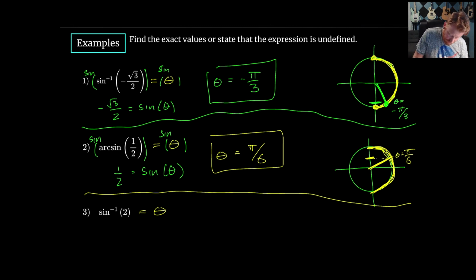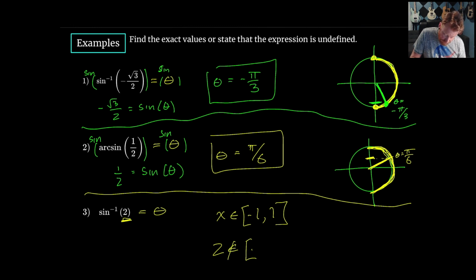The domain for sine inverse says that this angle, I'm sorry, not the angle theta, but that x, the input here, needs to be in this interval from -1 to +1. And the input that we have here is not in that interval. 2 is not in this interval from -1 to +1. So there is no solution here.